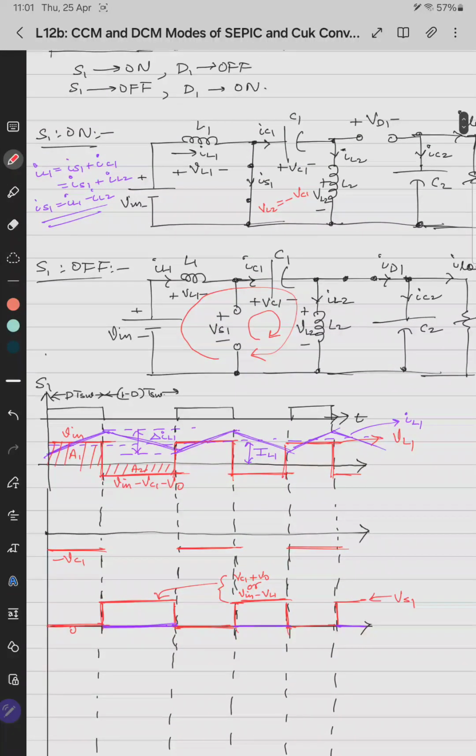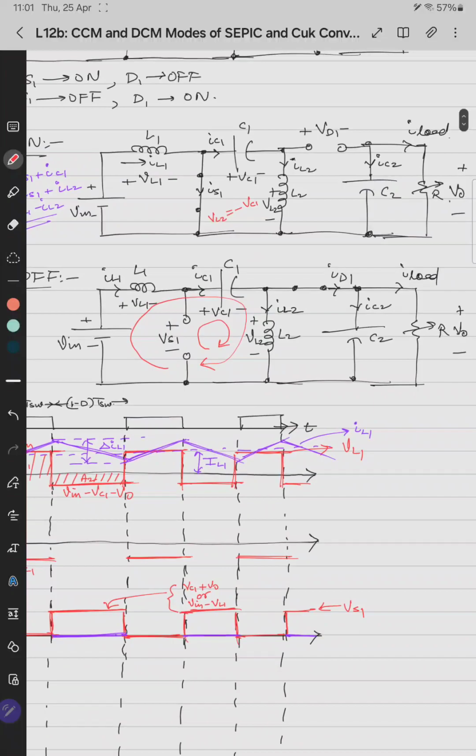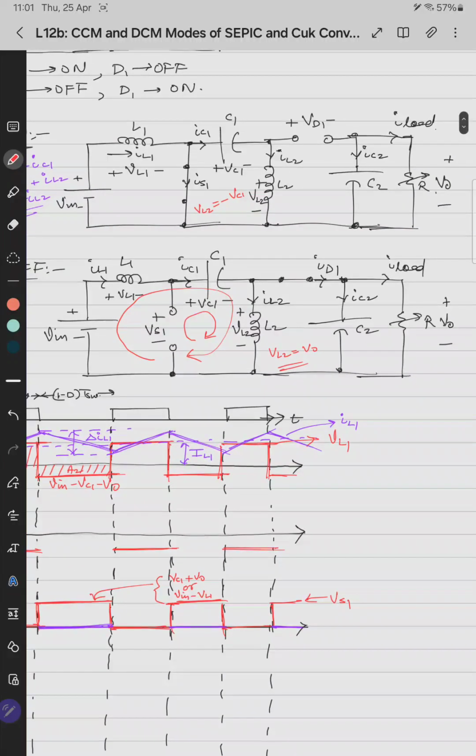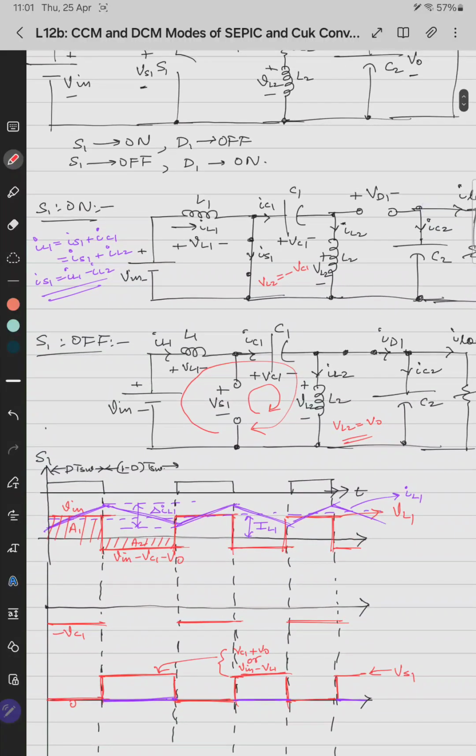And when the switch is off, what is VL2? VL2 is V naught. We have to find a shortcut way of expressing this term. So Vin equals VL1 plus Vc1 plus VL2, or VL2 equals V naught. So directly we'll write in terms of the states instead of writing in terms of inputs and other states.